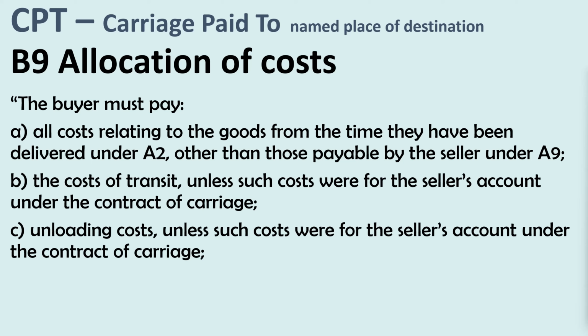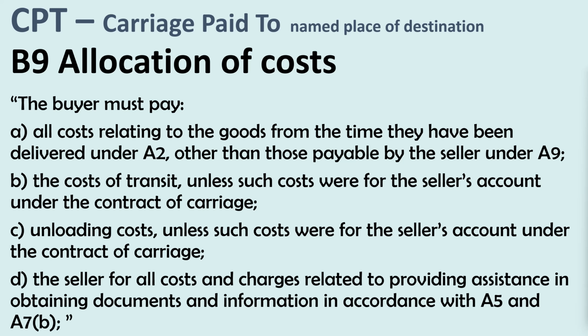C. Unloading costs, unless such costs were for the seller's account under the contract of carriage. D. The seller for all costs and charges related to providing assistance to the buyer in obtaining documents and information in accordance with A5 and A7B.